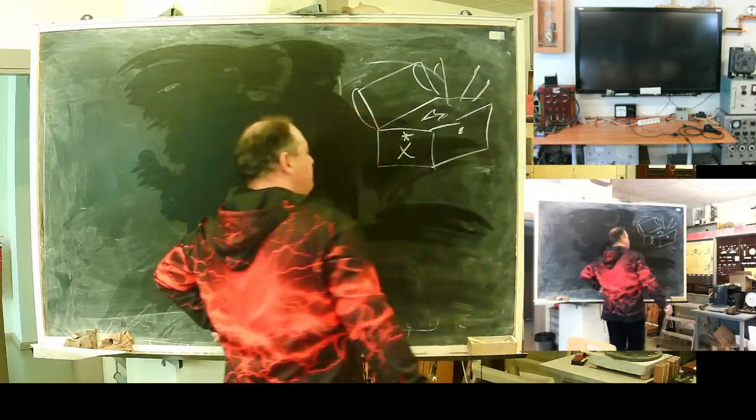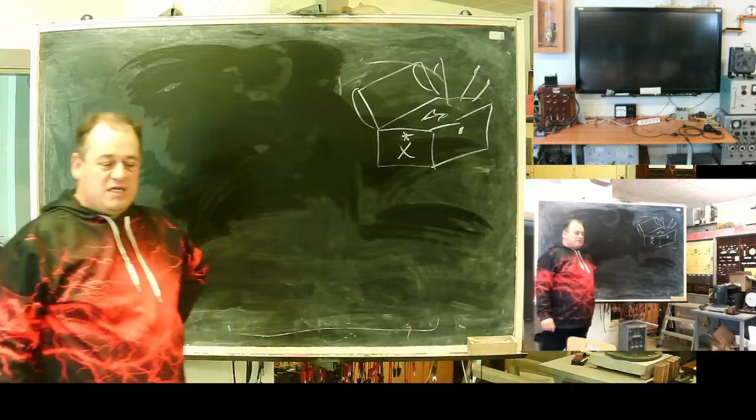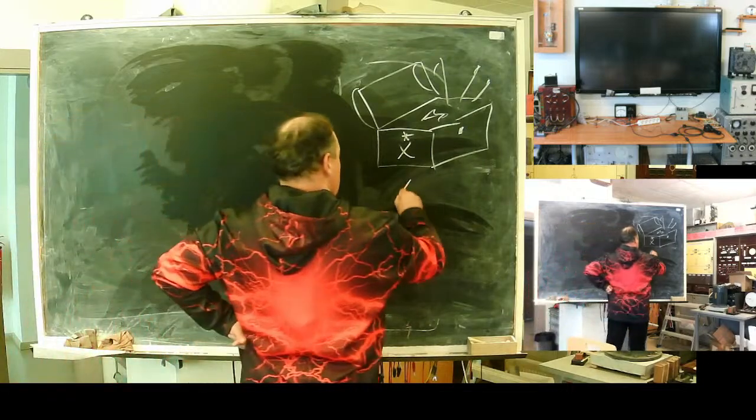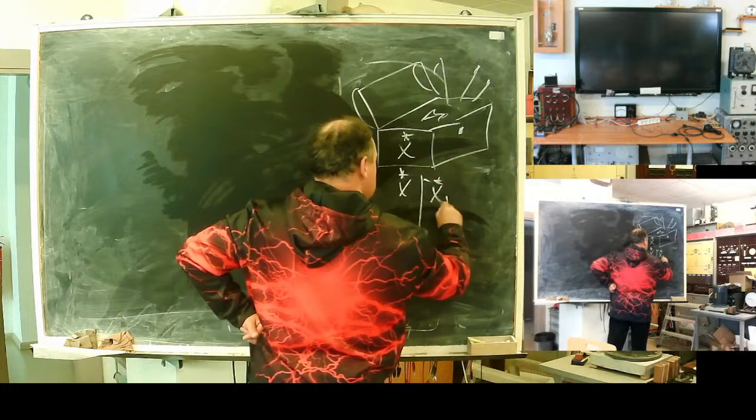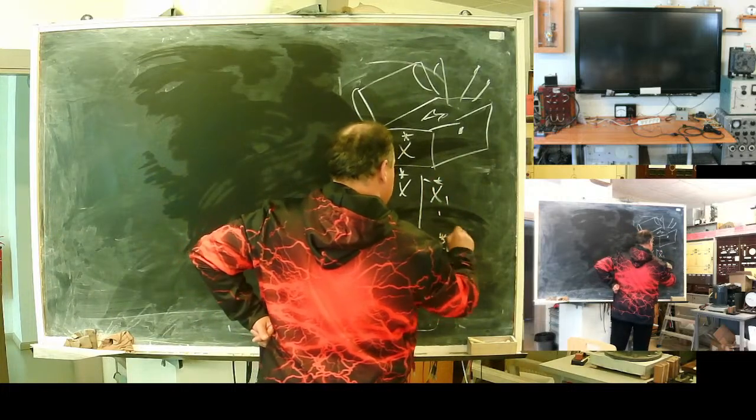It's the gold. So the placement of the gold is located in x1, xn, marked with a star.